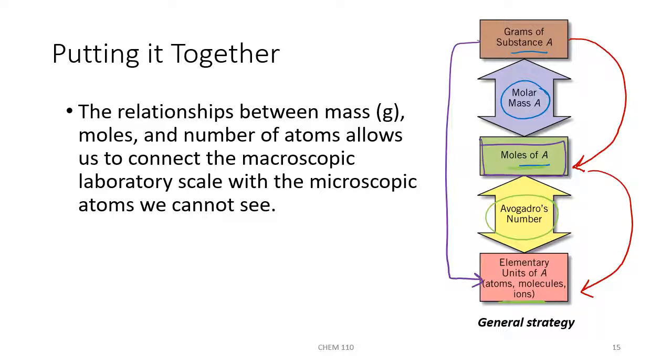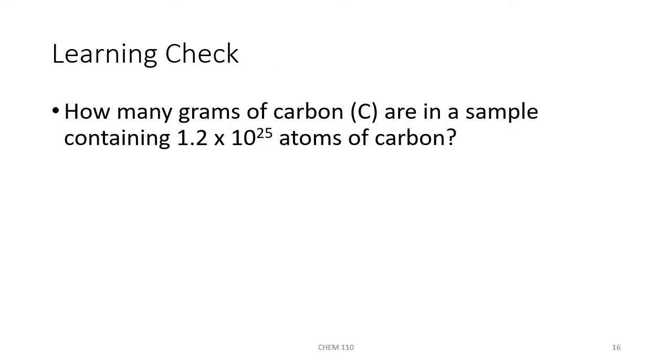How many grams of carbon are in a sample containing 1.2 times 10 to the 25th atoms of carbon? So we're trying to find grams, and we know a number of atoms. So our strategy here should be to start with atoms, and we're going to have to convert our atoms into number of moles.